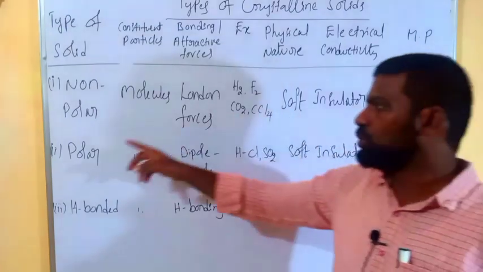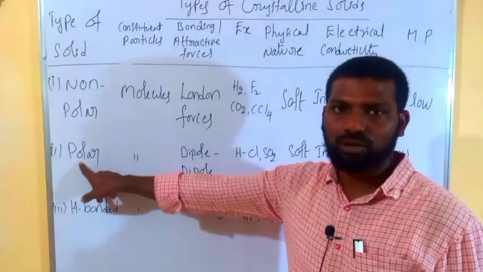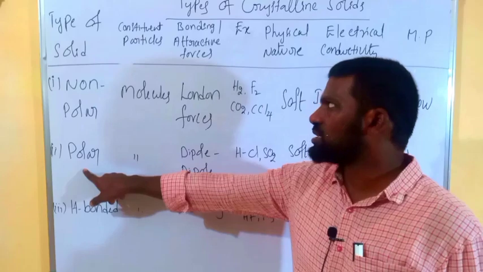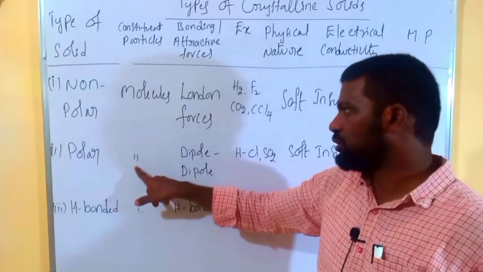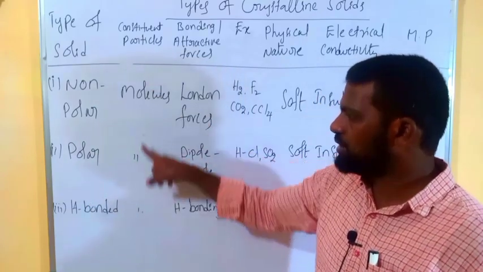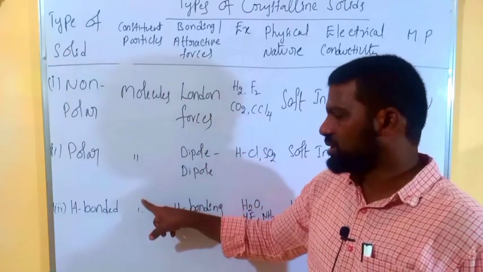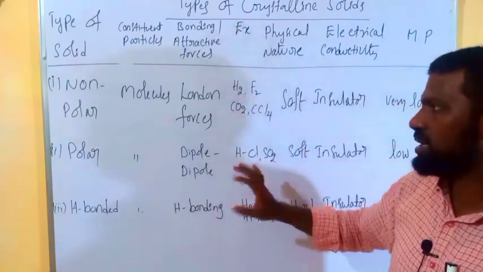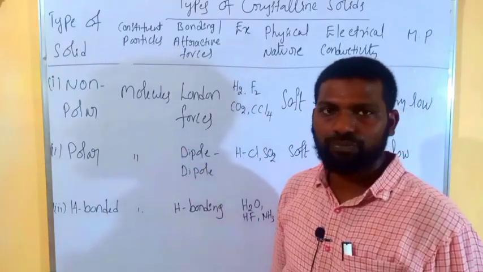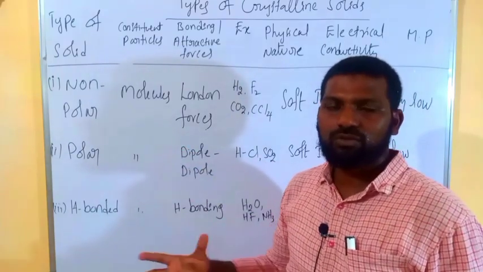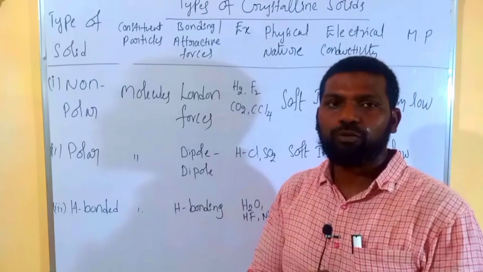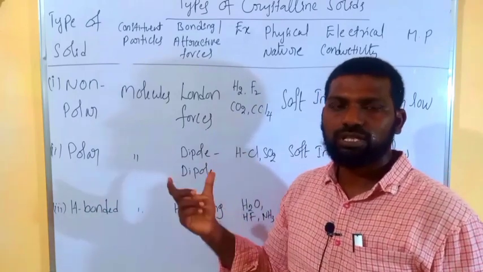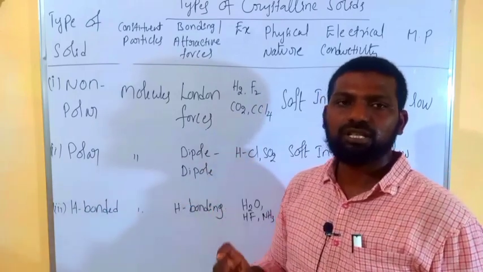Next, come to the second one, polar molecular solids. The constituent particles of these polar molecular solids are molecules. Actually, in all of these three, constituent particles are molecules only. Next, what type of attractive forces exist in polar molecules? In polar molecules, as we have just seen, dipoles will be formed, a partially positively charged end and a negatively charged end.